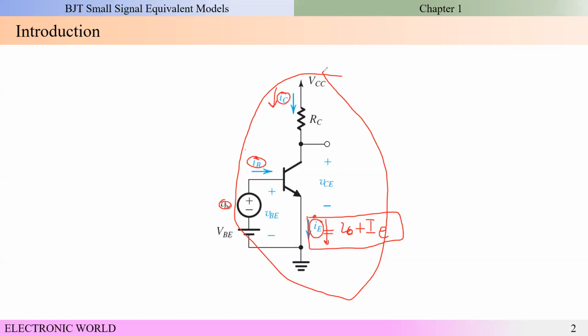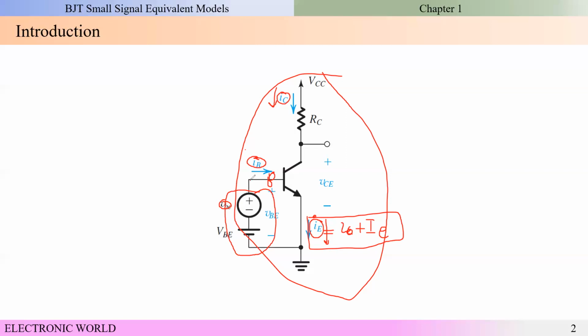So why is this circuit known as a conceptual circuit? Because you can see that these voltage sources are directly connected to the base terminal. So that's why this kind of circuit is known as a conceptual circuit. But in practice, we do not connect these voltage sources directly to the base terminal.